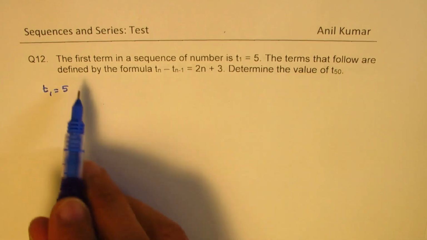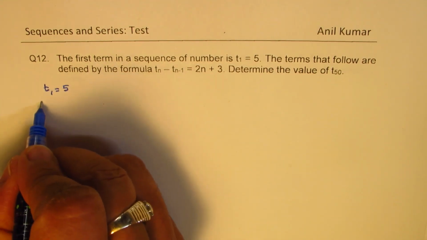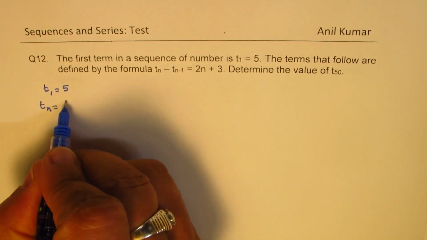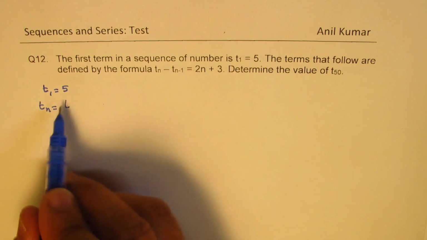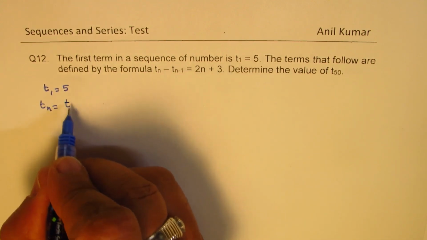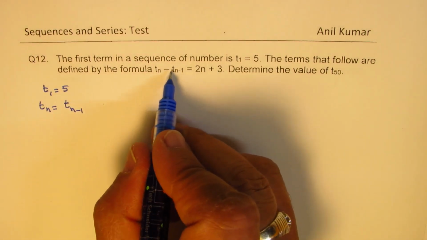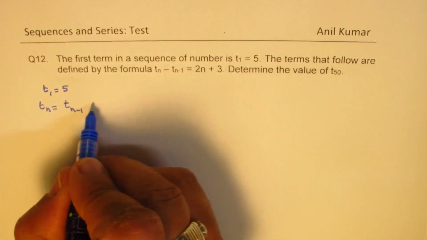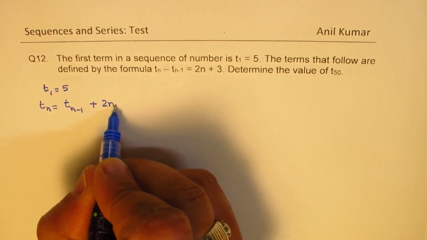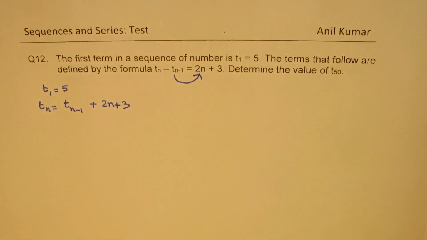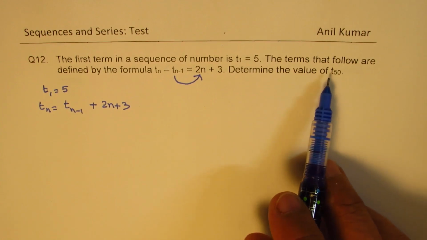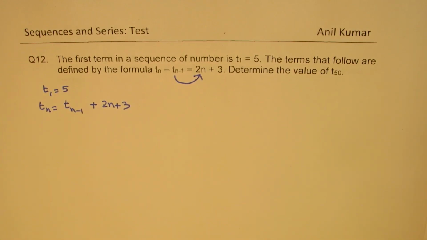The terms that follow are defined by the formula tn minus tn minus 1 equals 2n plus 3. So I'm taking tn minus 1 to the right side and writing the nth term in terms of tn minus 1 plus 2n plus 3. We need to determine the value for t50 from this particular sequence, right?